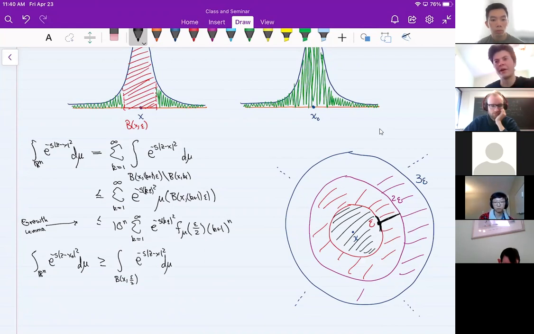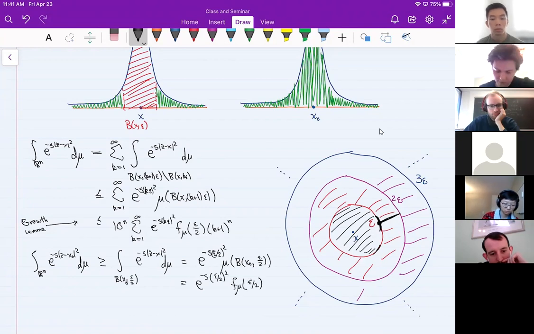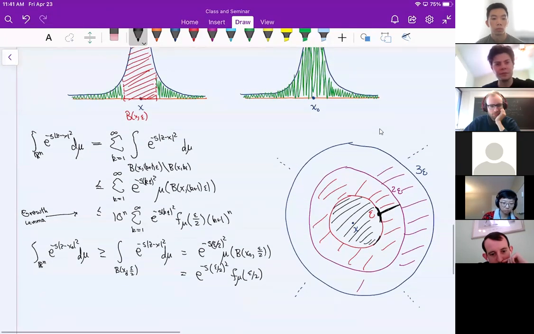On the inside part, my function is greater than or equal to the value it has on the edge, which is e to the minus s (epsilon over 2) squared, times mu of the ball, which is equal to e to the minus s (epsilon over 2) squared.